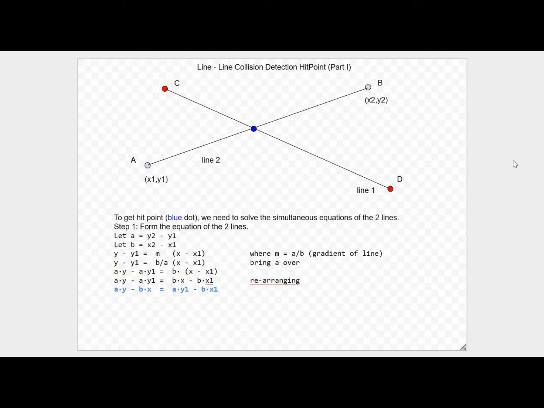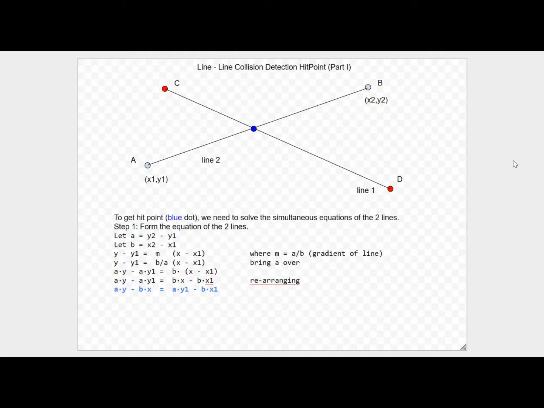I believe in secondary school, most of you would have learned how to solve simultaneous equations for two linear graphs. But in this case, we're going to learn how to solve it using computers. The knowledge we are going to require is forming very simple two-dimensional matrices to represent the equations for two lines.